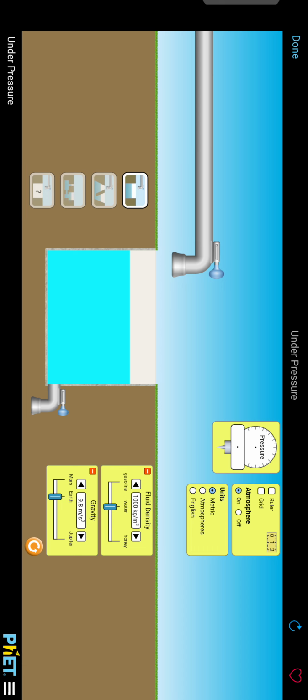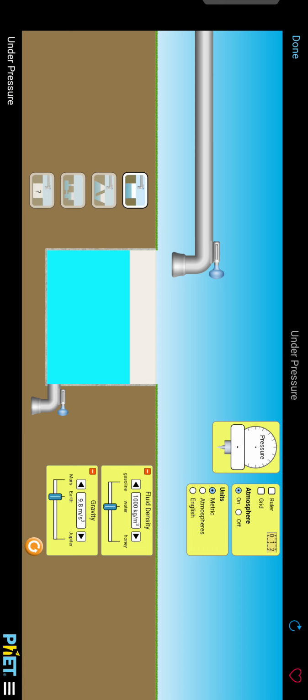We can also adjust the fluid density by clicking these arrows. Let's set it to 1000 kilograms per cubic meter.